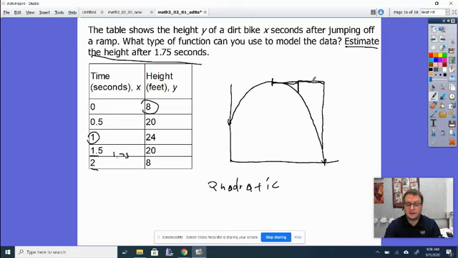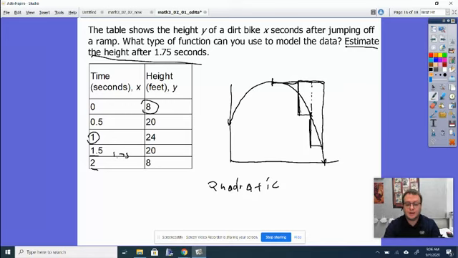So cutting this in half, because we wanted 1.75, what we're going to notice is the distance from here to here and the distance from here to here is not the same. I've gone much further down here than I did here.